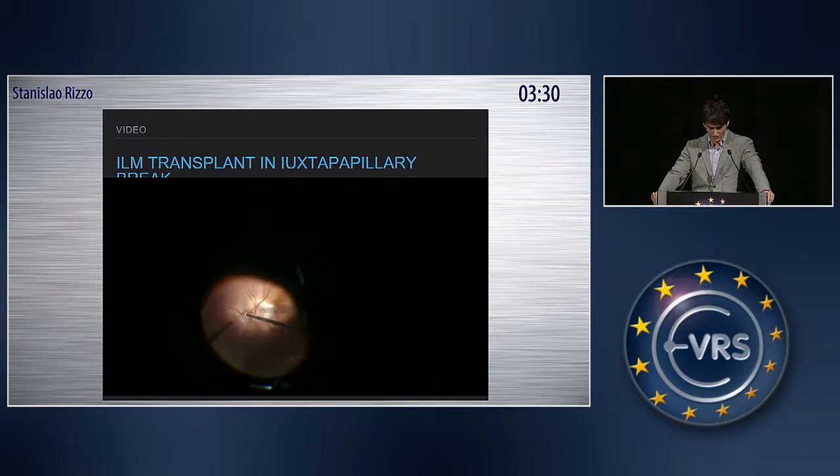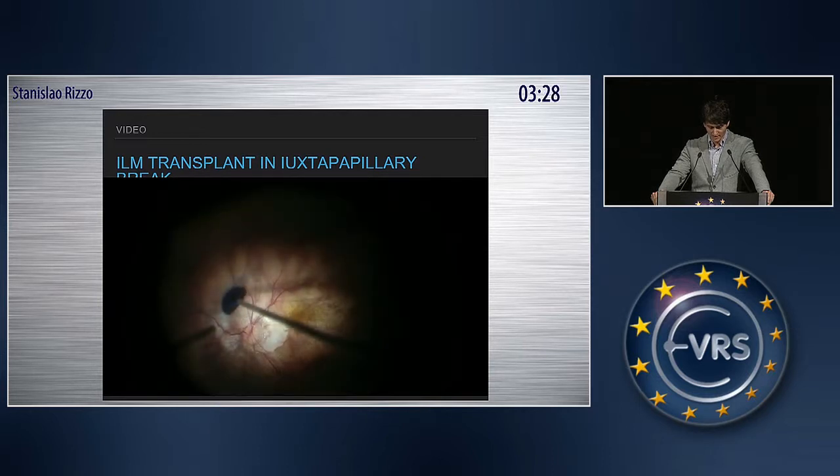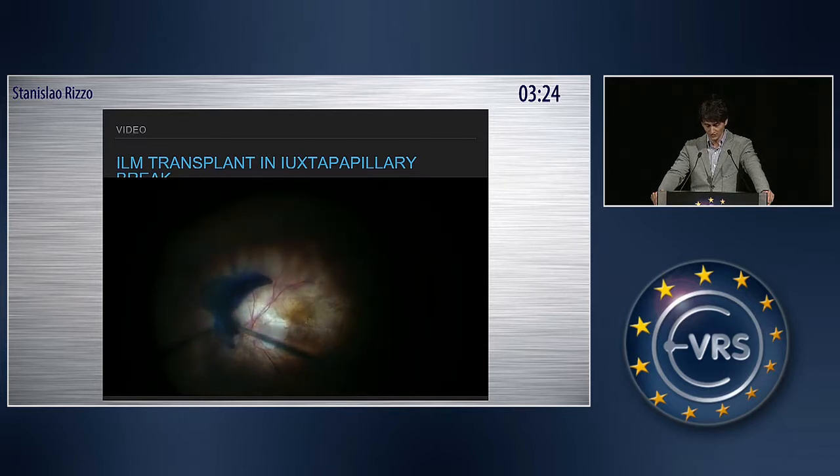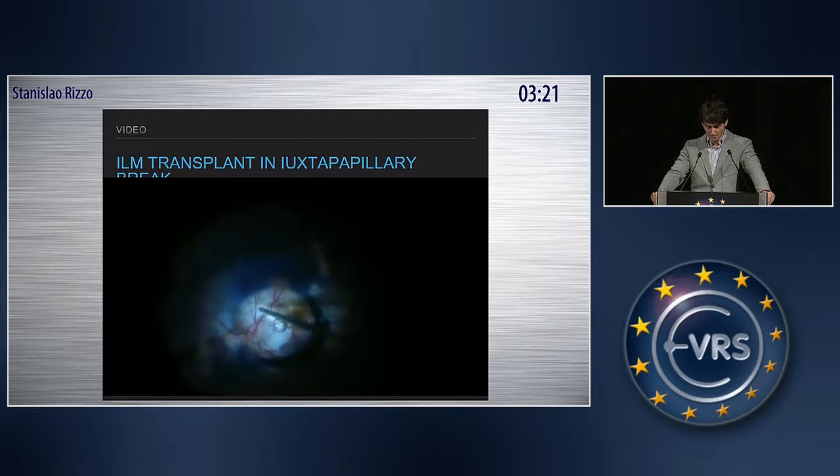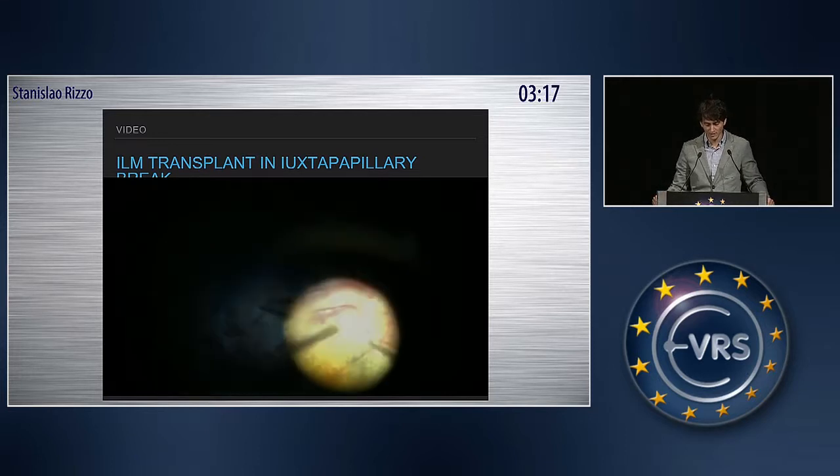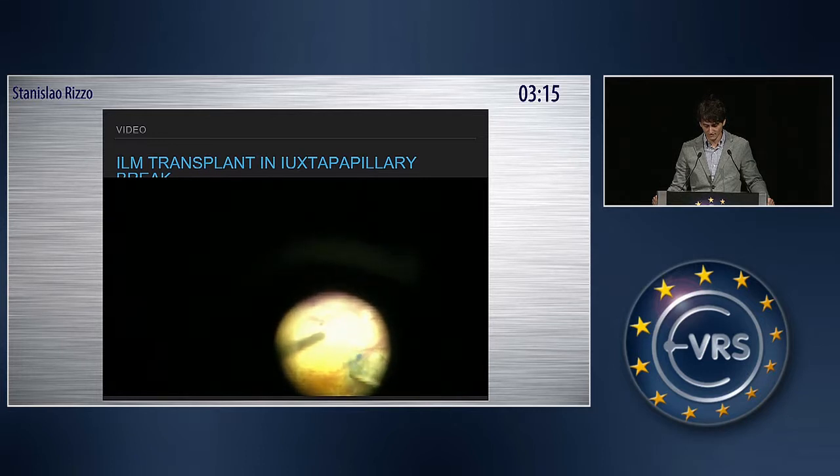As you see, a paravascular break in the nasal part of the retina, PFCL to protect the posterior pole of the macula. With the dye, we are searching for the best place for the ILM to harvest.